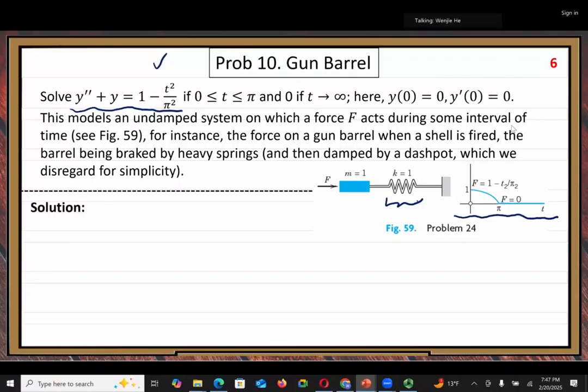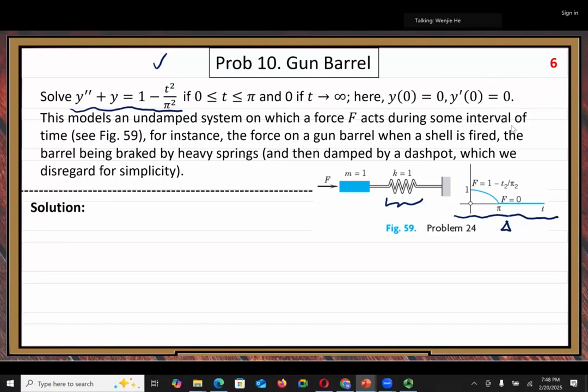Based on the model, here we only need to solve this problem. But what's new here? The driving force function is relatively new. It is a piecewise polynomial function. Two pieces, right?